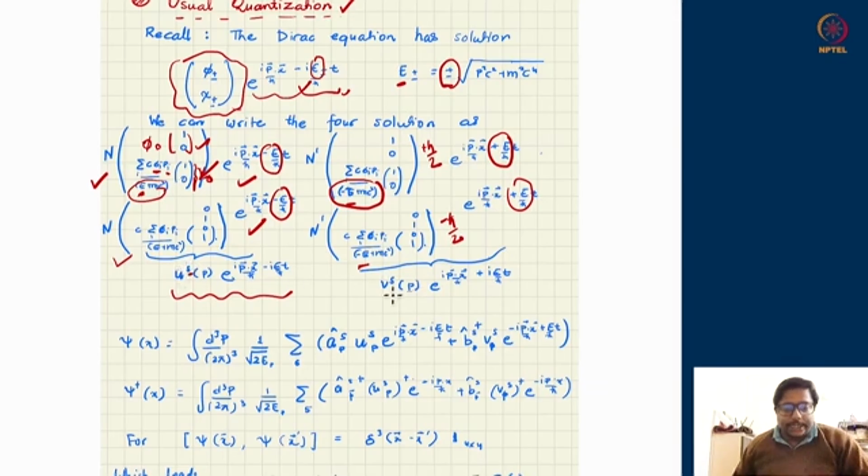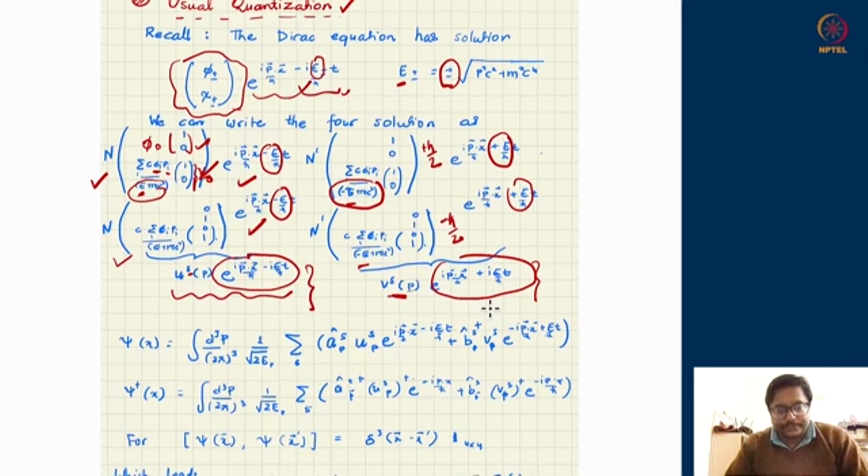Similarly, there are two negative frequency solutions, V with s plus half and V with minus half. Their space-time dependence parts are plane waves, one with plus iEt and one with minus iEt. So these are the four sets of solutions: two in the positive energy sector, spin half and spin minus half, and two in the negative frequency sector, spin half and minus half.